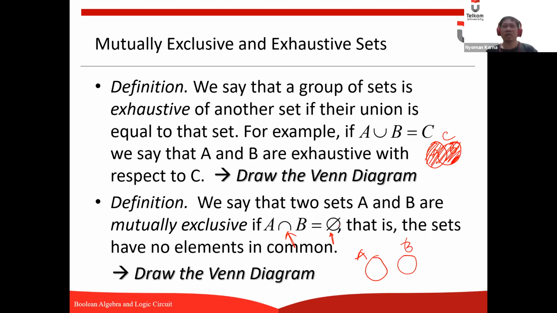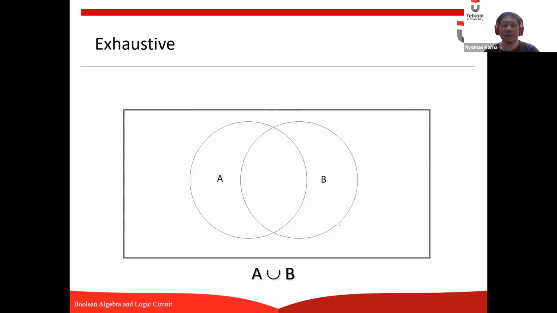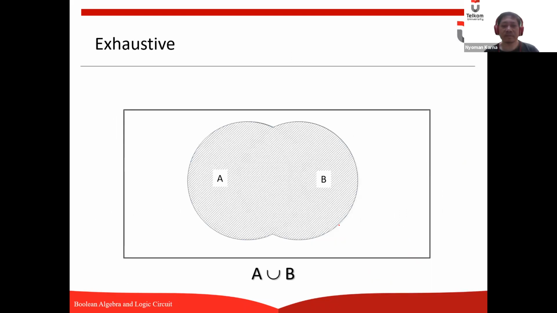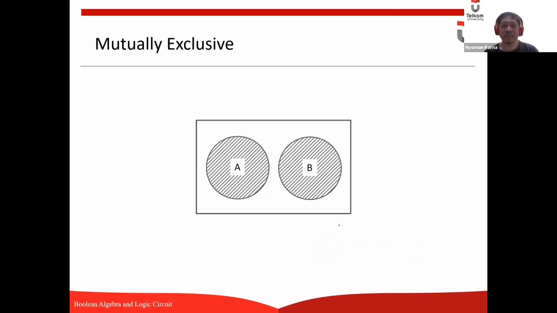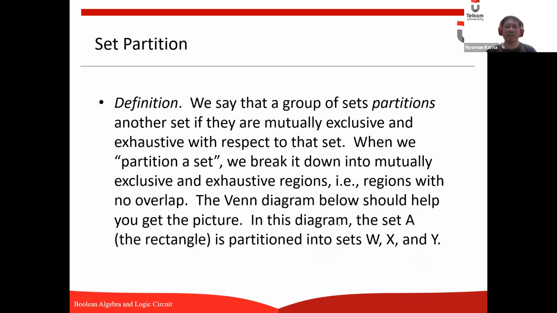Why we have to describe this is because we're going to explain something called partition. Partition is when we have a set, then we break apart this set, but each of the subsets is supposed to be mutually exclusive and also exhaustive.